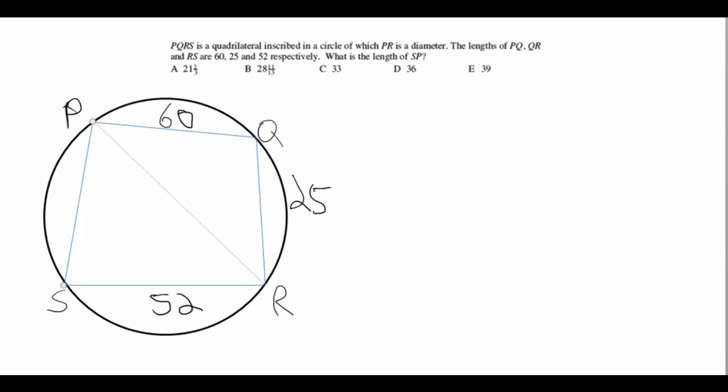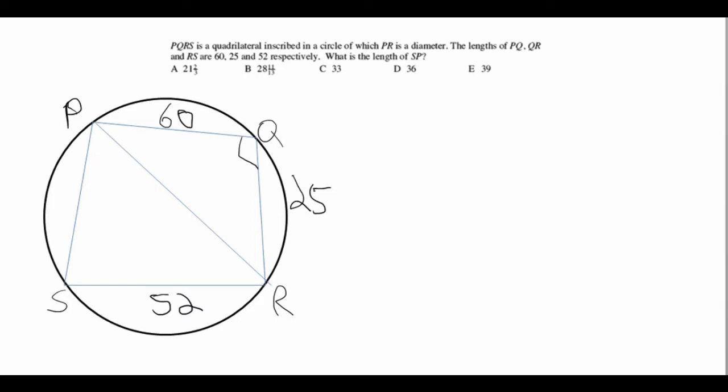There to there. And so now what we can do is deduce some of the angles in this quadrilateral. Because PR is a diameter, we can use a theorem that tells us that the angle in a semicircle is always 90 degrees. And this tells us that the angle PQR is 90 degrees.